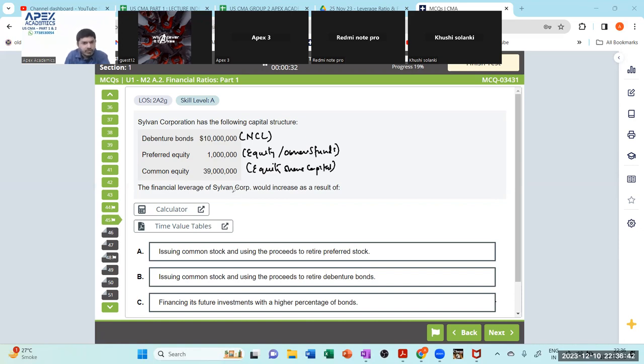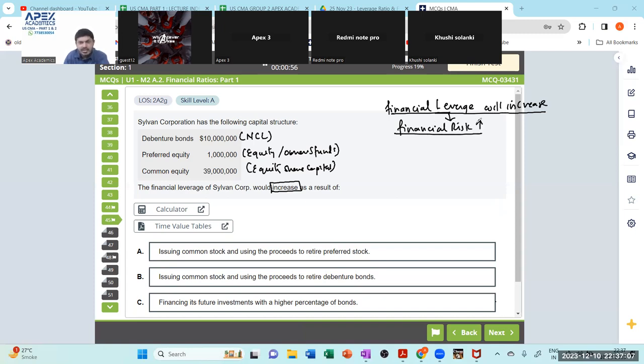Financial leverage of Silvan Corp will increase. Please understand, they are saying financial leverage will increase. What is the meaning of financial leverage will increase? It means that financial risk will increase.